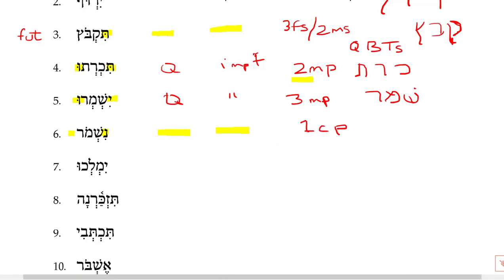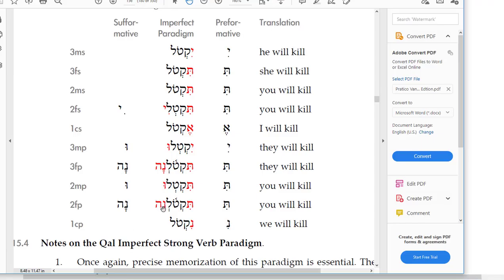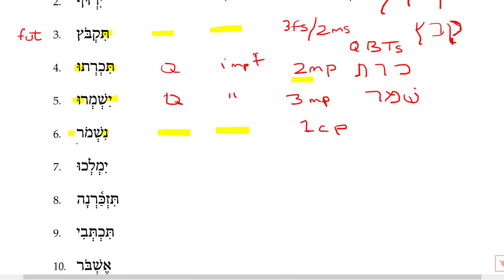I can go back over to our chart, and again, you'll begin to learn these, but first common plural, we see the nun prefix, no ending, so in this case, niqtol, that's the paradigm, but we come back over to number 6 here, nishmor, so that's a first common plural, and our root is shamar again. Actually, it's the same as what we had for the one above it. Shin, mem, resh, shamar. And that would be we will guard, we will keep.